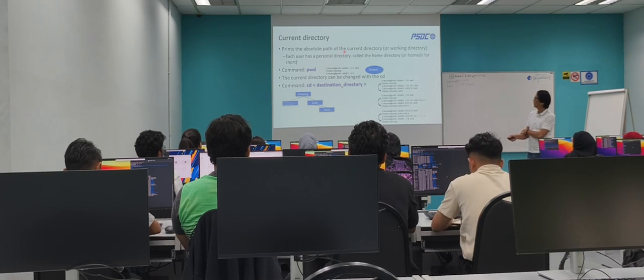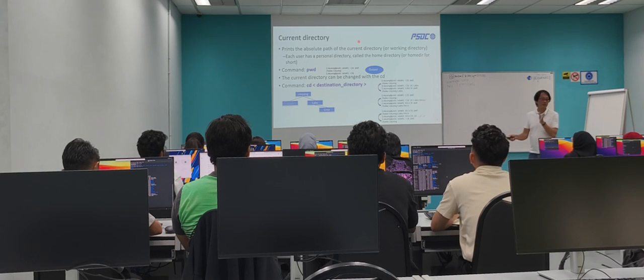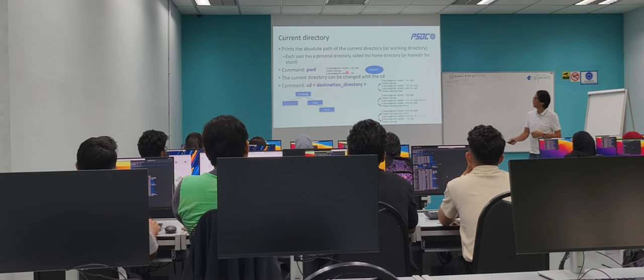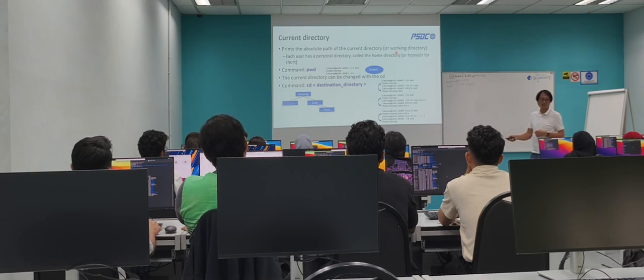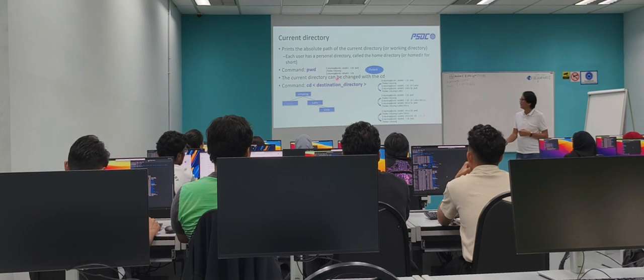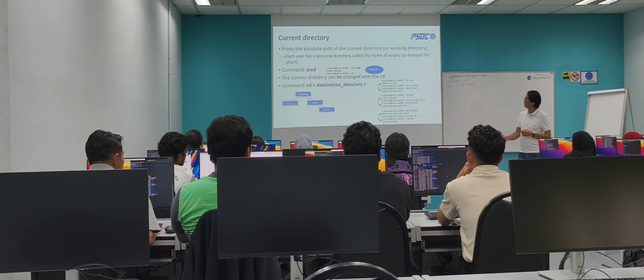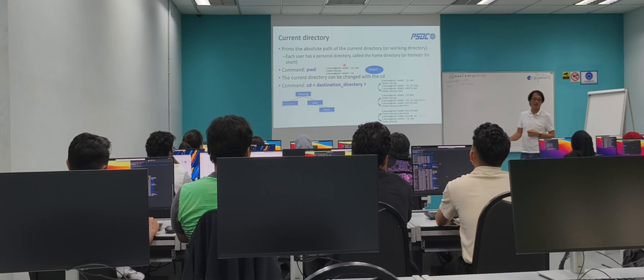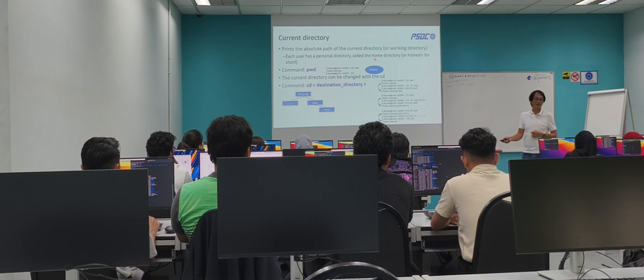The current directory command prints the absolute path of the current directory. Each user, when logging in, defaults to their home. You have a personal directory, which is called the home directory. When you print this, it will show the home directory. For example, mine is /home with a specific username.